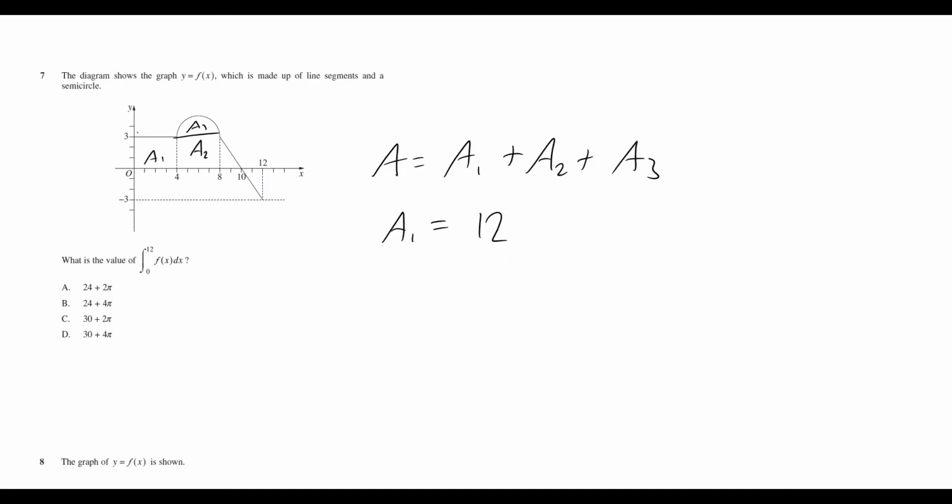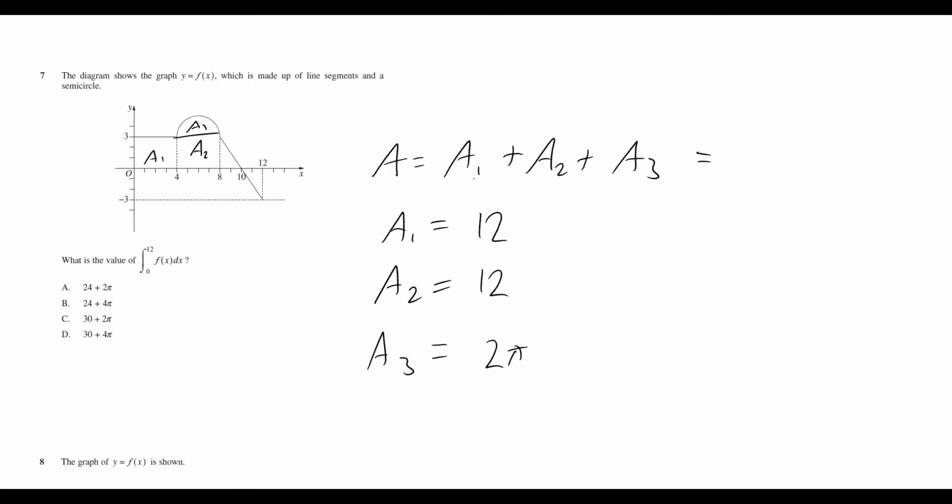A2 is again 3 times 4, so A2 is 12. Now A3: the formula for the area of a circle is pi r squared, but here we have a semicircle, so it's going to be half pi. The diameter is 4, so the radius must be 2, so 2 squared. And there's a half down here, which will help cancel out one of these 2's, so we can get rid of those. And we end up with 2 pi for our area 3.